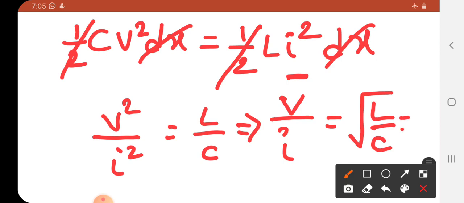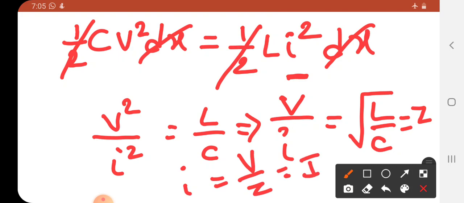So this can be written as Z. From this equation we can write I is equal to V by Z, the same expression you observed in the earlier case also, which is equal to capital I. Then what is the net current at the receiving end?